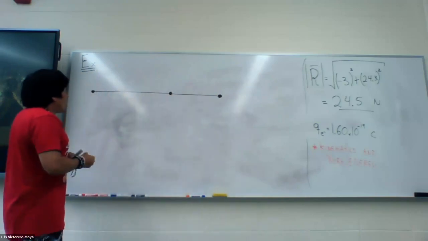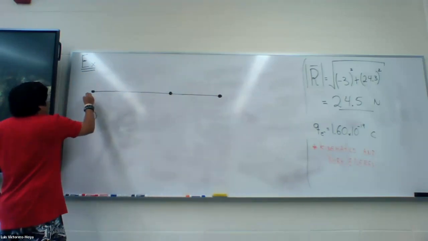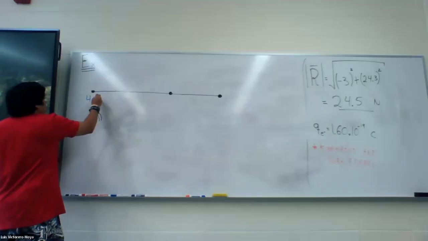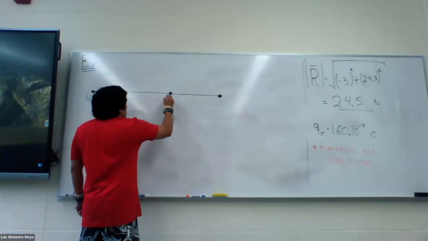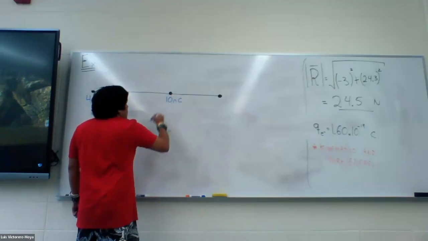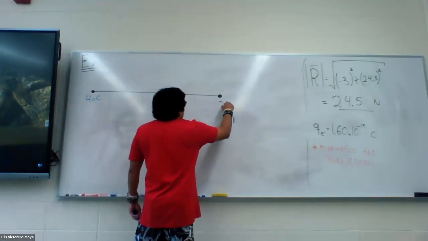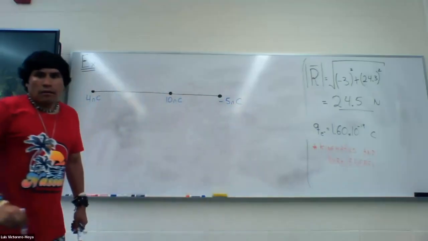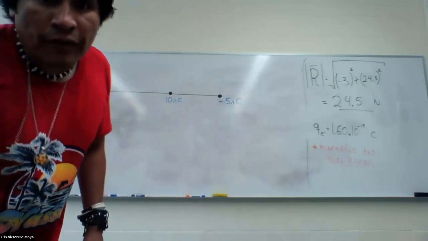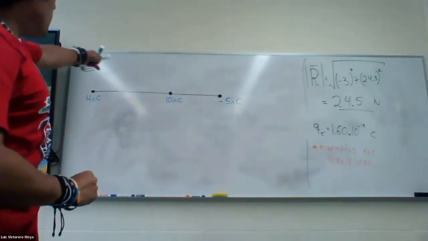The value of the charges are going to be given like this. 4 nanocoulombs, 10 nanocoulombs, and negative 5 nanocoulombs. See that, right? Positive, positive, negative.